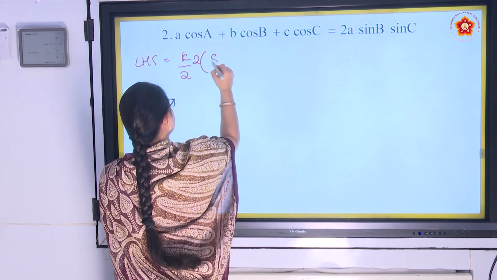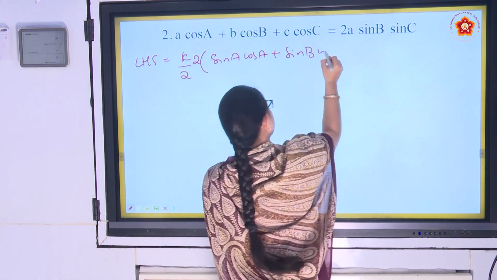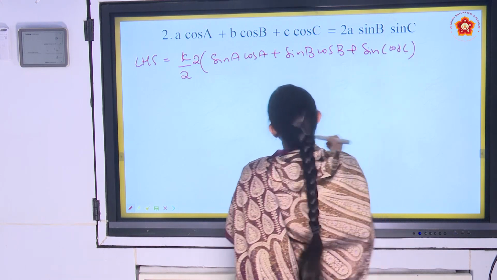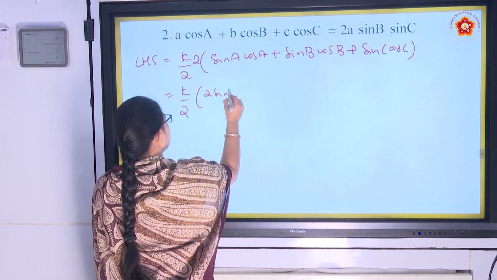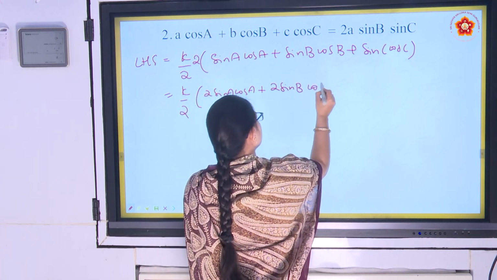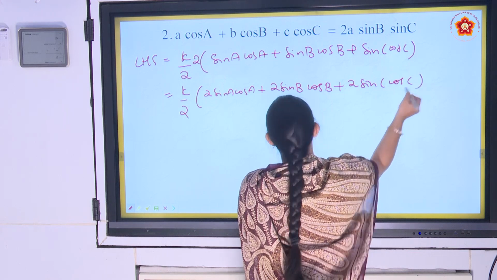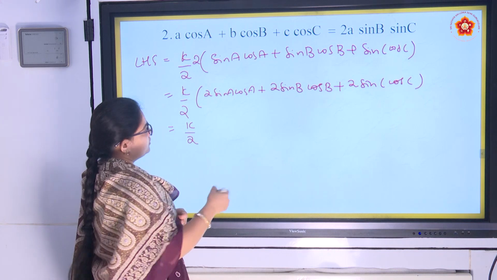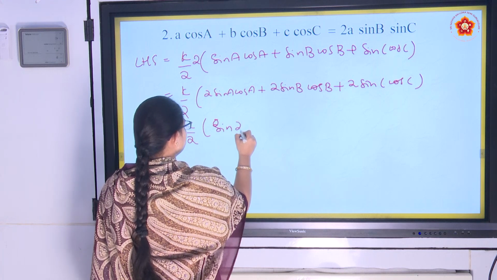So we have k by 2 into 2 sin A cos A plus 2 sin B cos B plus 2 sin C cos C. Now this is nothing but k by 2 into, so here 2 sin A cos A, that is sin 2A.